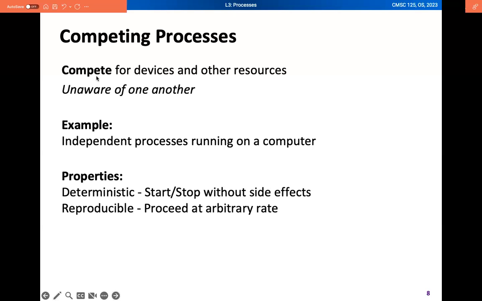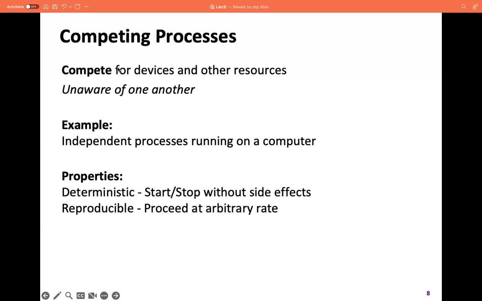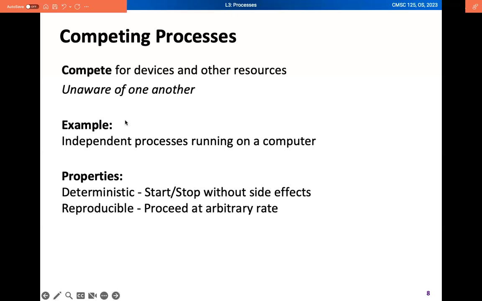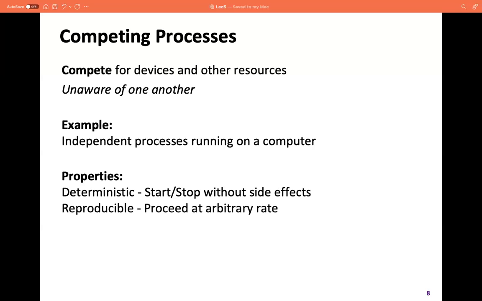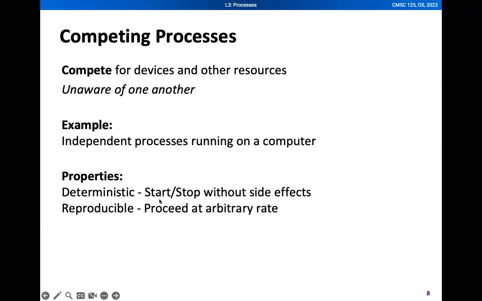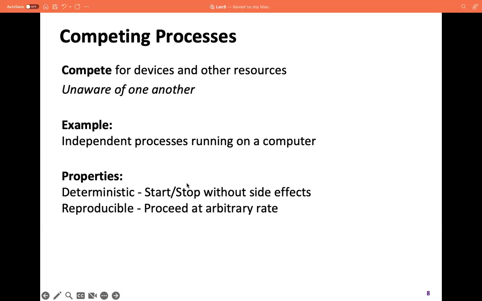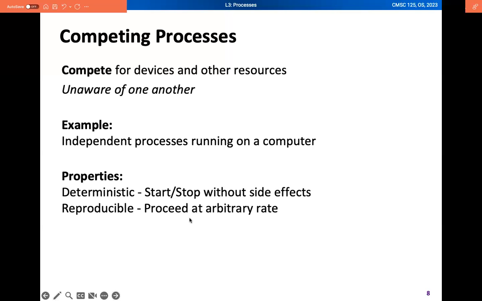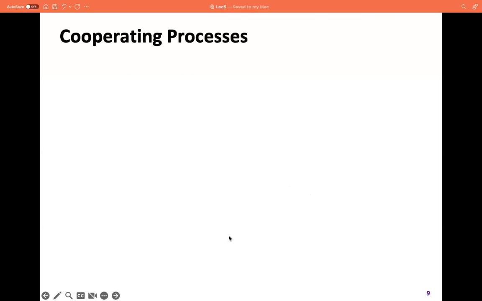Because the processes are competing, the tendency is that one process might use a certain resource that should actually be assigned to another process, and so it may start or stop randomly, let's say. It is also reproducible, and can proceed at an arbitrary rate.